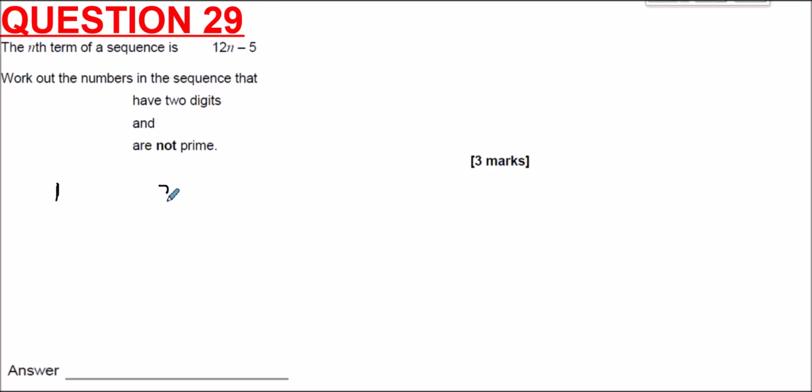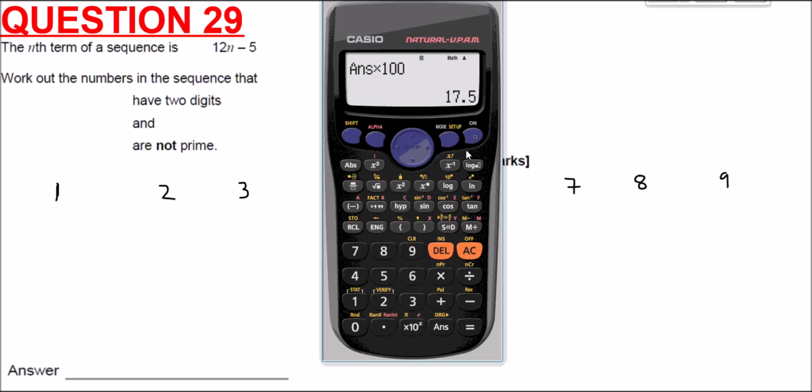First, second, third, fourth, fifth, sixth, and so on and so on. So working out all these terms, the first term is just 12 times 1 minus 5, which is 7.